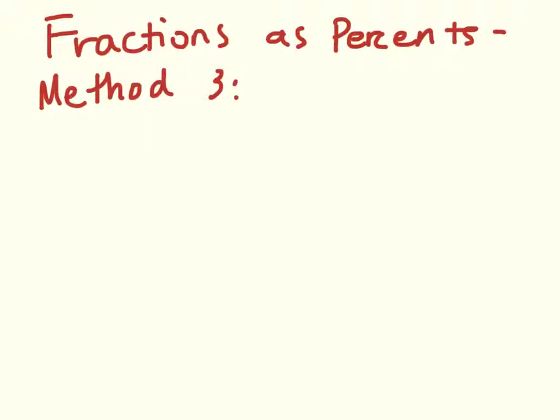Now, since we're talking about this, let's look at one other way now that I can take a fraction and make it into a percent. So last lesson we looked at, you can put it as a fraction over 100, or you can divide it by 100. And today we're going to talk about one more method.